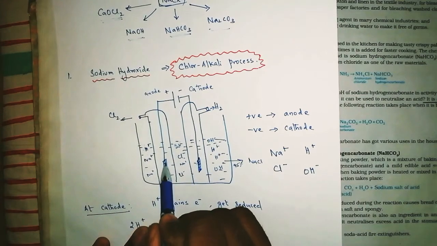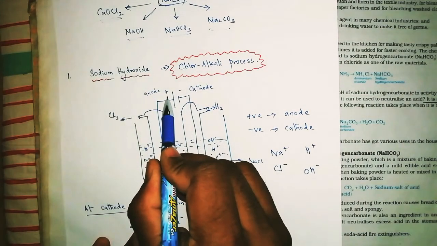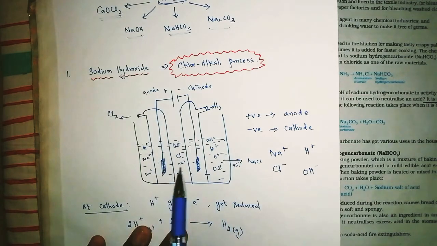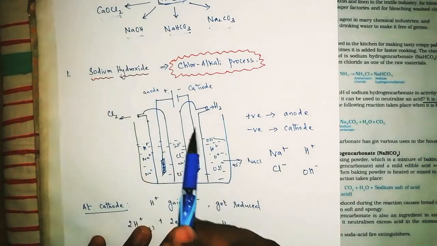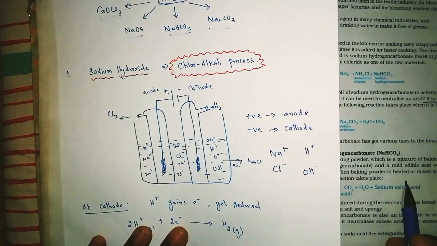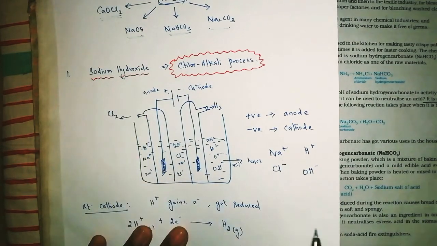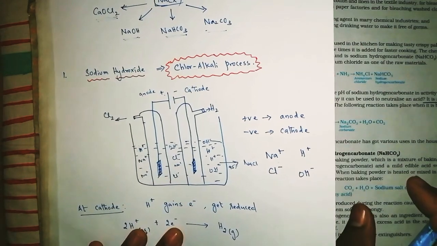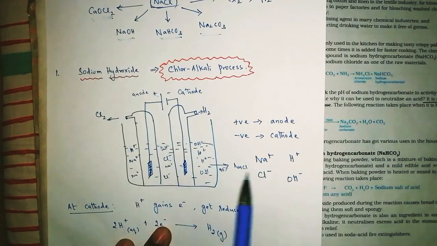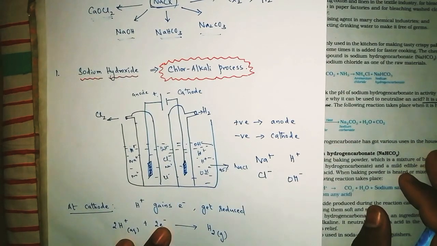The anode is positive, and positive and positive never attract. Only positive and negative attract. So chlorine and hydroxide will get attracted towards the anode, and at the cathode, Na plus and H plus are getting attracted.